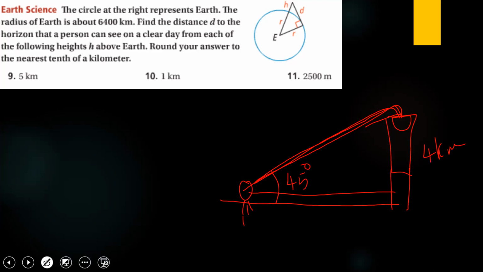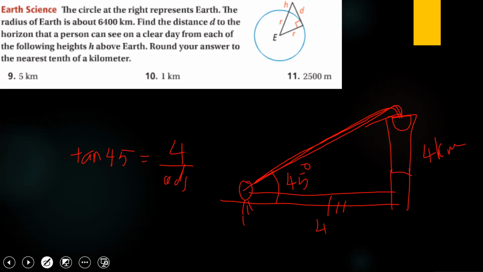You would say, I know this is 45, this is 4, and I need to find this side. So you can use tan 45, which is opposite over adjacent. Then you will find that this is 4, if you are on a straight line.